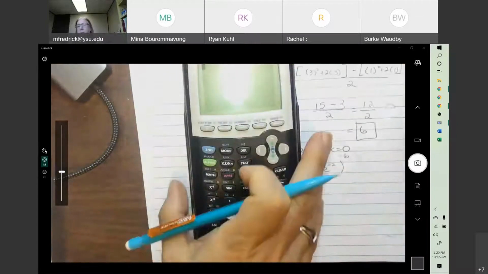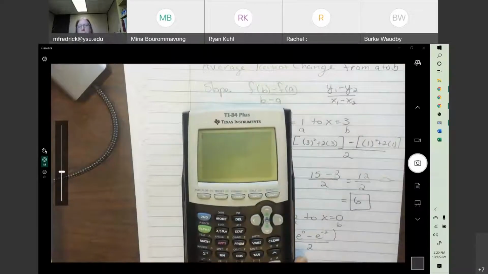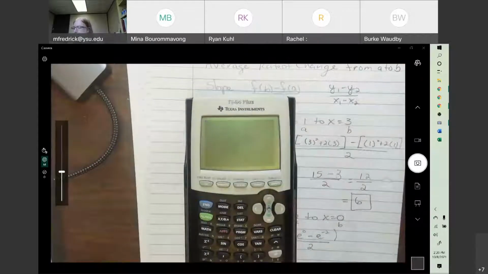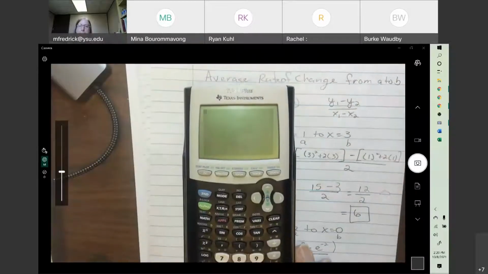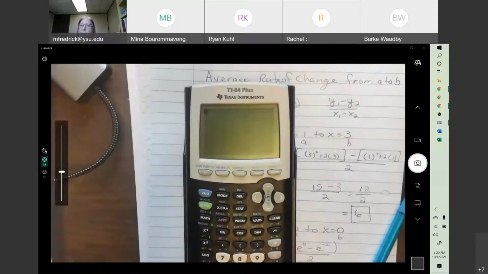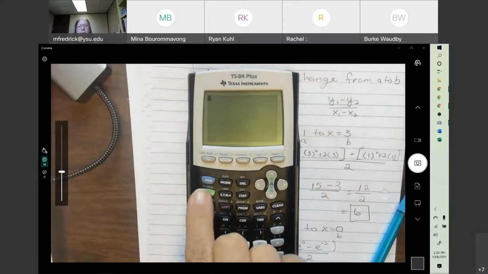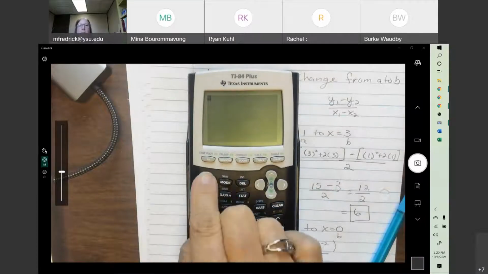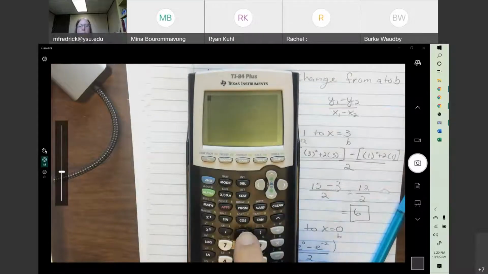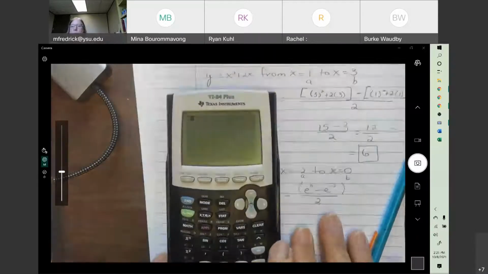Now to bring it up, I'll show you this calculator first. So here's our E. We have to hit second. Put a parenthesis first if we're going to enter it all at once. So this is the one we're entering.